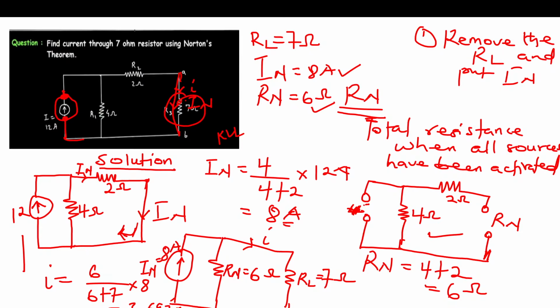Now how do we find Rn, the total resistance? Since this part has been open circuited, current is not going to come this direction at all. So essentially you are going to have the circuit looking like this. Let me clean that portion so you see it clearly.